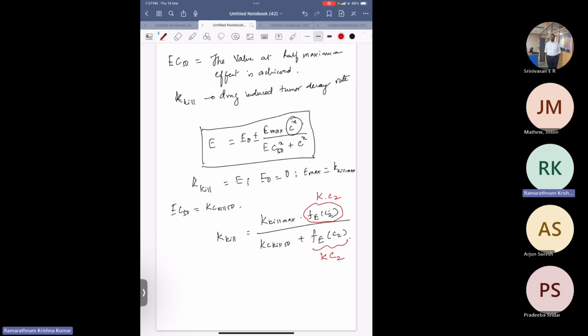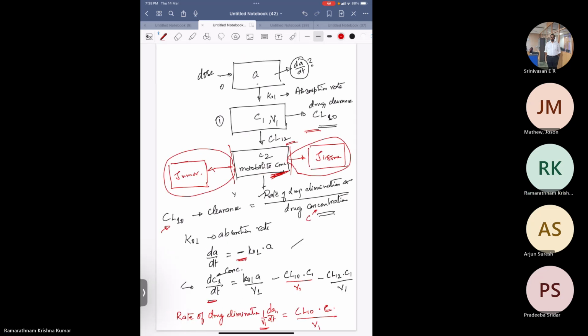So we are looking at the left-hand side here: what is the effect of the drug on the tumor? Now, the right-hand side is the safety of the drug, right?